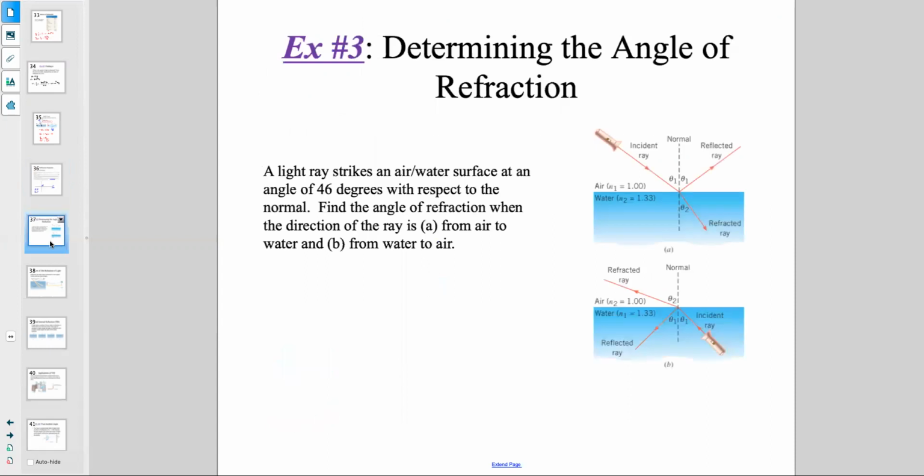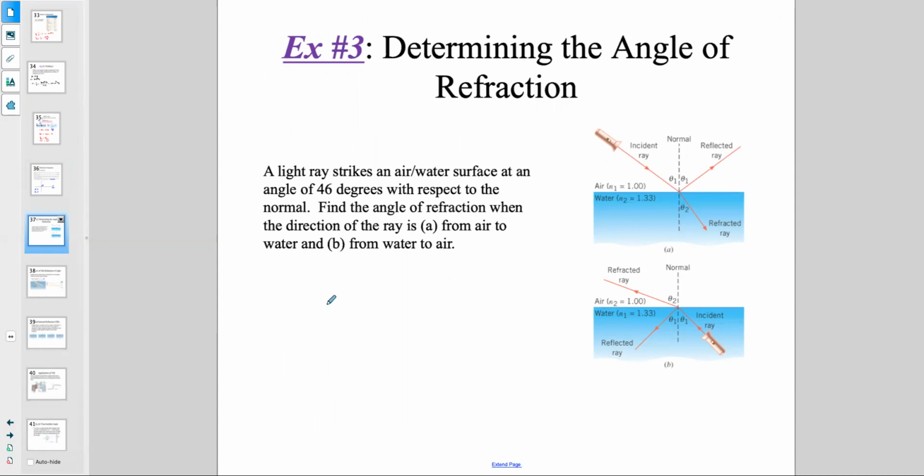So, determining the angle of refraction: the light ray strikes an air-water surface at an angle of 46 degrees with respect to the normal. Find the angle of refraction when the direction of the ray is from air to the water and from water to the air.